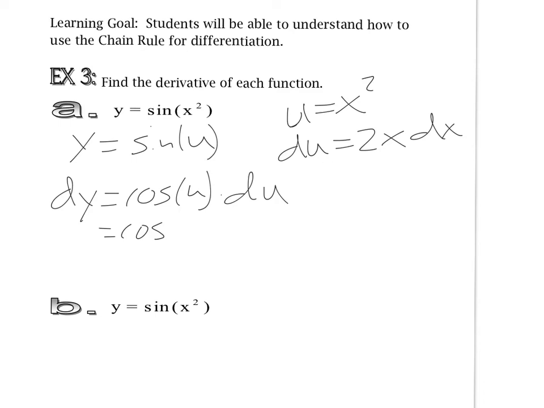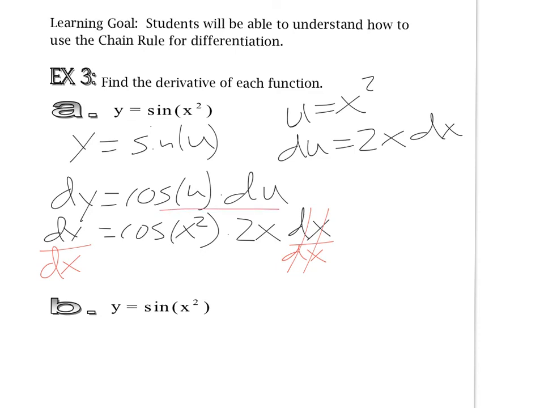And so this equals the cosine of x squared, because that's what u is, times 2x dx. But again, I'm going to divide both sides by dx. And so here's your derivative.